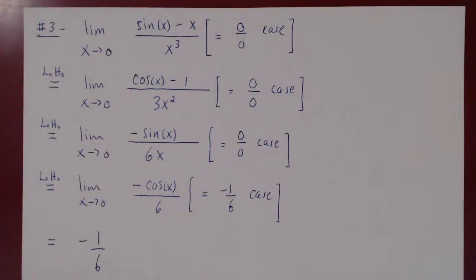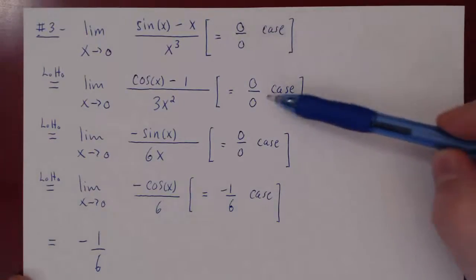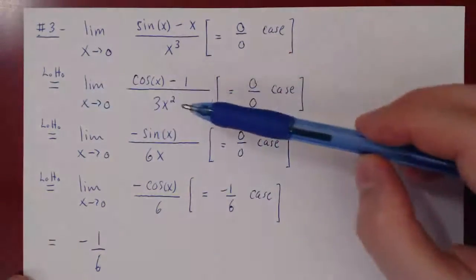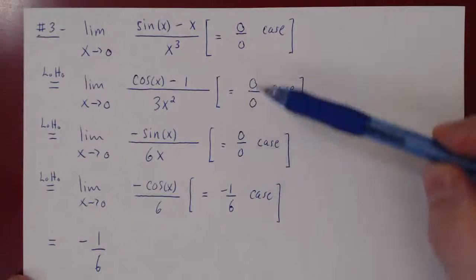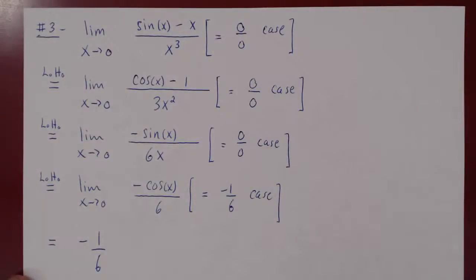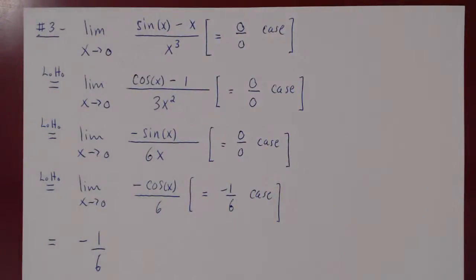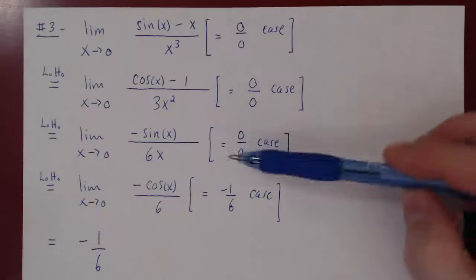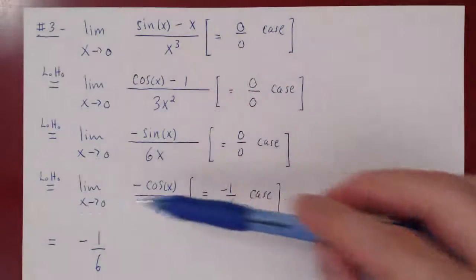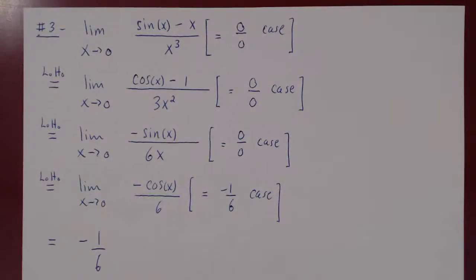So you can use L'Hopital's rule as many times as needed, as long as every step of the way the new limit gives either a 0 over 0 case or an infinity over infinity case. So you may end up using L'Hopital's rule 5 or 6 times. As long as you have the proper case, you can apply it as long as needed.